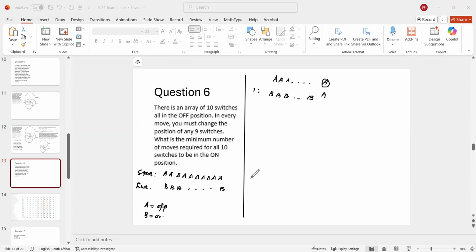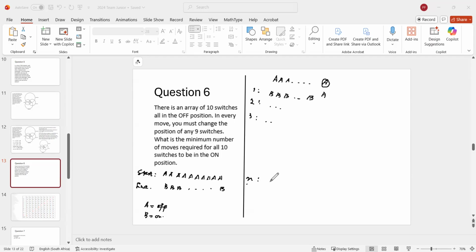All right, now you want to know how many moves. This is the first move. You've got the second move. Again, you fix one of them and you move the others, the 9, and you'll get some kind of a configuration, and so on, until there will be n moves.